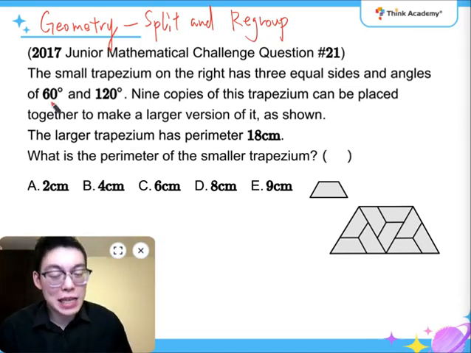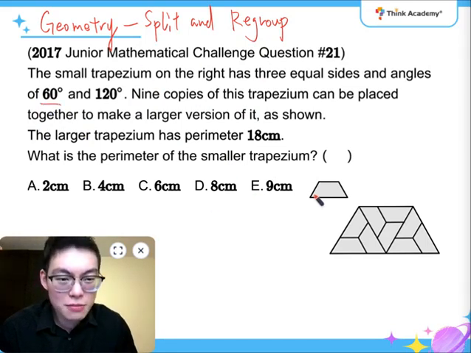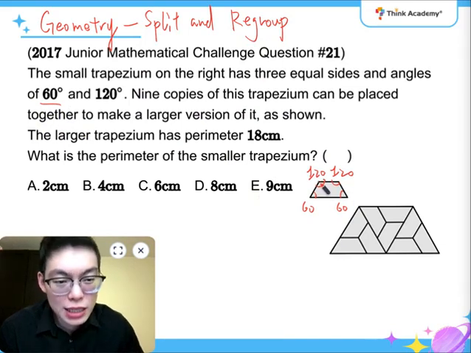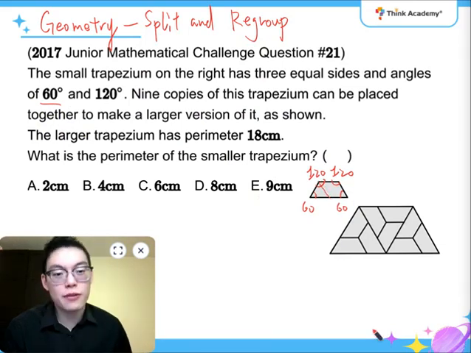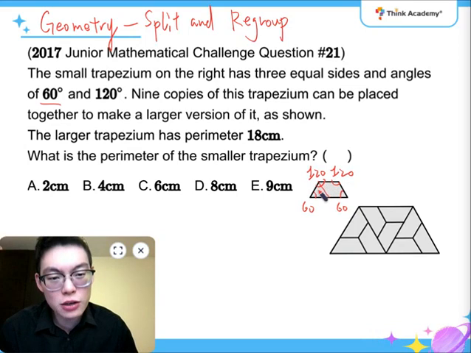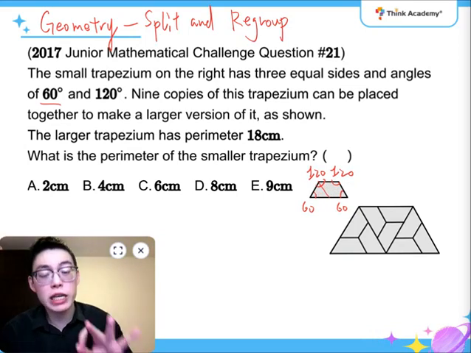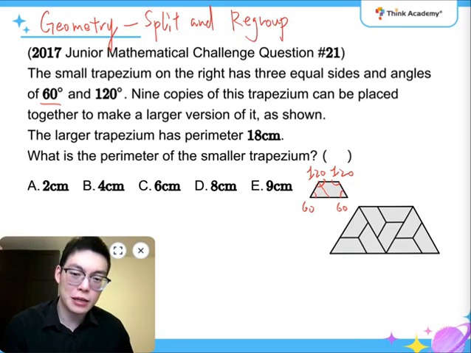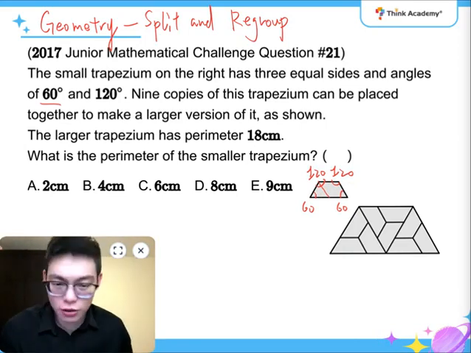So essentially, we can see that if the base angles of this trapezium are 60, and the top angles are 120, it means that if I try to cut this top angle into half, I will have a triangle that has all three angles as 60 degrees, which means that it is going to be equilateral.